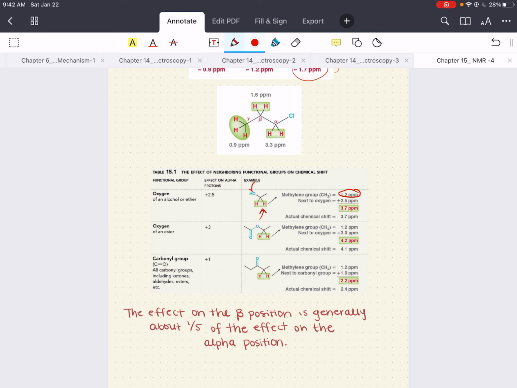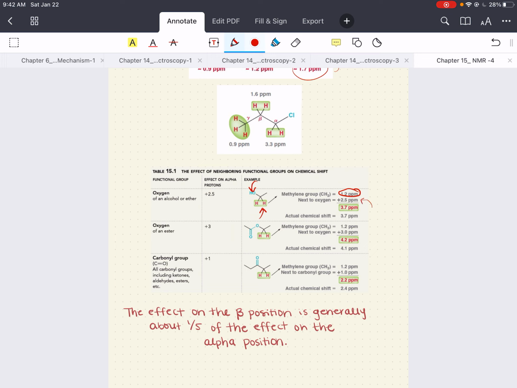Well, if there's an oxygen, either in the form of an alcohol or ether, it's going to shift by 2.5. So your actual chemical shift is going to be the addition of 1.2 and 2.5. So your signal is now going to be at 3.7 ppm. Why? Because this alcohol group is in the alpha position right next to it.